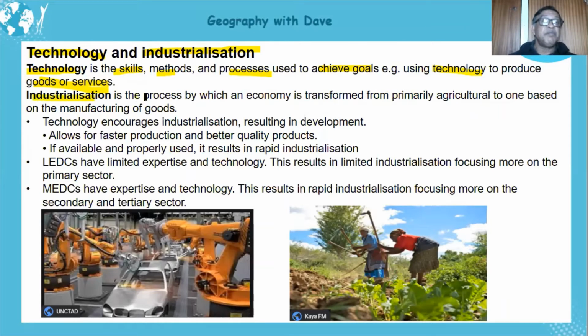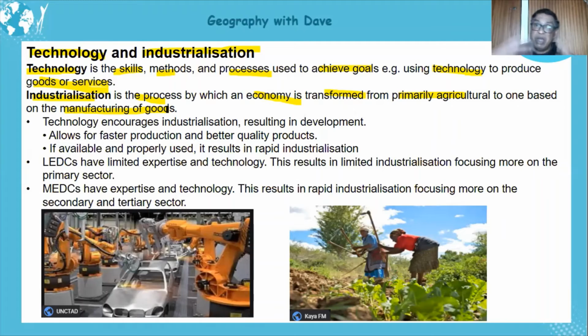Industrialization is the process by which an economy is transformed from primary agriculture to one that is based on industrial goods. So the MEDCs, now the bulk of it is from the secondary and tertiary activities. Primary activity, including labor, is much less.